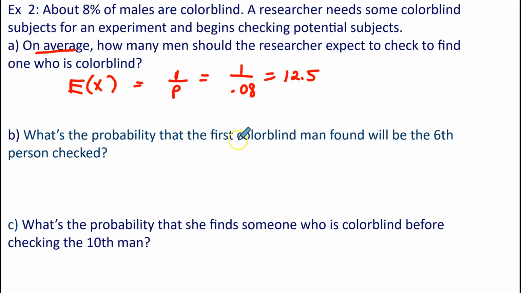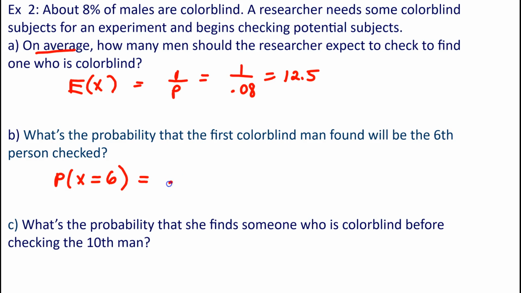What is the probability that the first colorblind man found would be the 6th person checked? Okay, until the 6th person. So again, in this case, we're expecting to see the person on the 6th subject that we encounter.